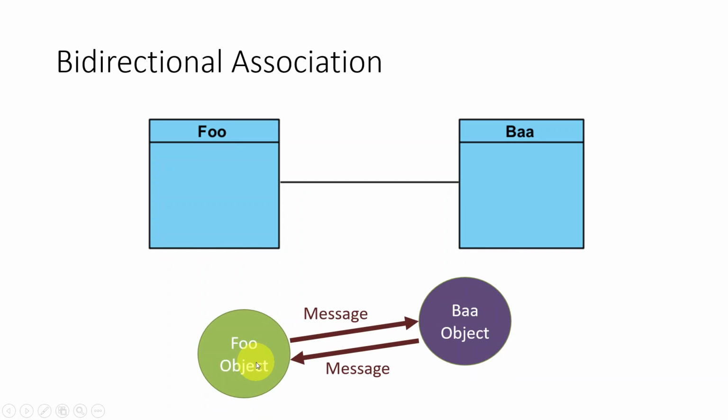If the association is bidirectional, now the object of foo class can send a message to the object of bar class, and the object of bar class can call the behavior of the object of foo class or send a message to it. So that is what is meant by bidirectional association.